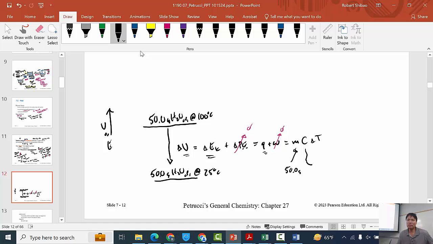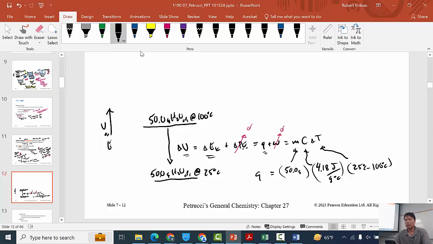The specific heat of water can be determined from experiments, 4.18 joules per gram degree C, and delta T here is going to equal, what is delta T? T final minus T initial. So T final is 25 degrees C minus T initial is 100 degrees C. And that's Q.